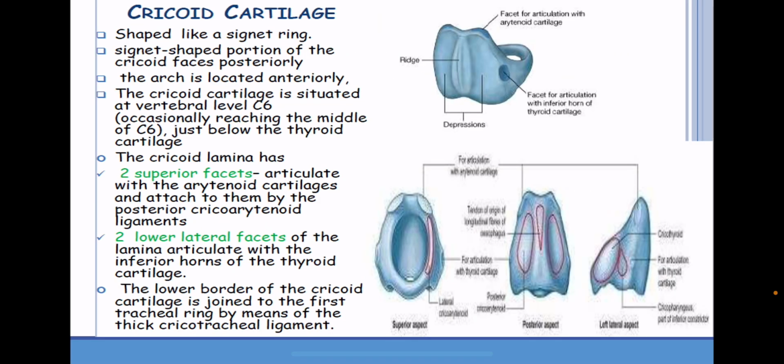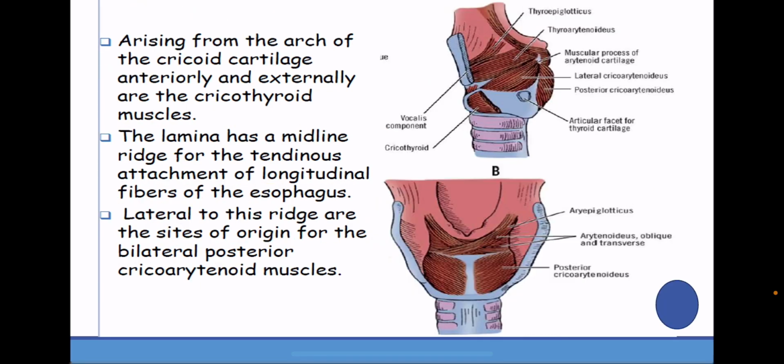Now we are going to talk about the cricoid cartilage, shaped like a signet ring, with the arch located anteriorly. The cricoid cartilage is situated at vertebral level C6, and the cricoid lamina has two superior facets and two lower lateral facets.